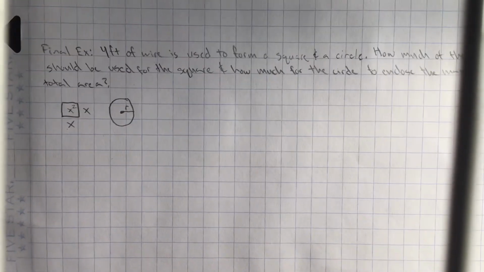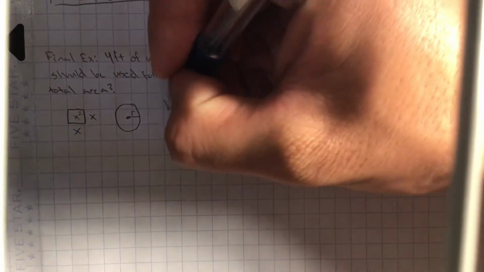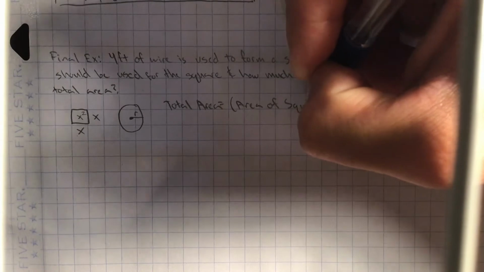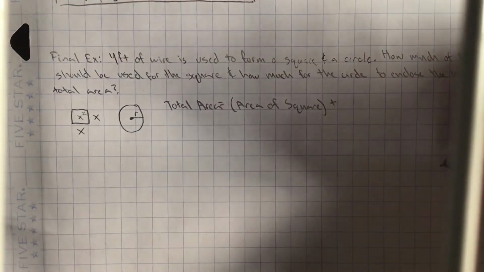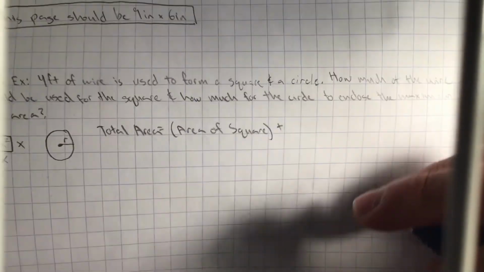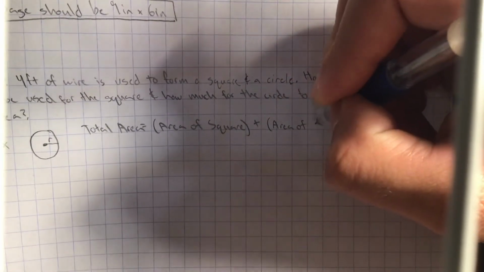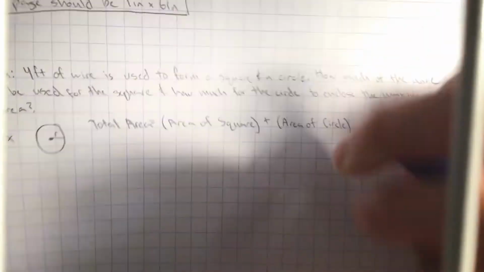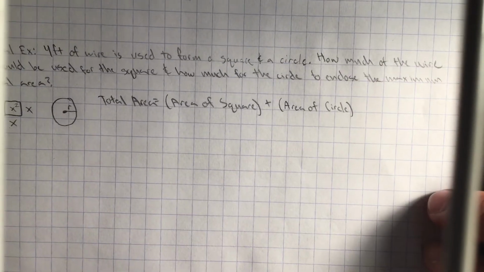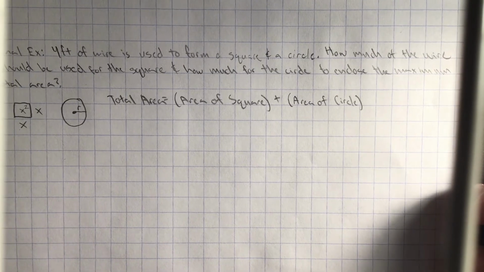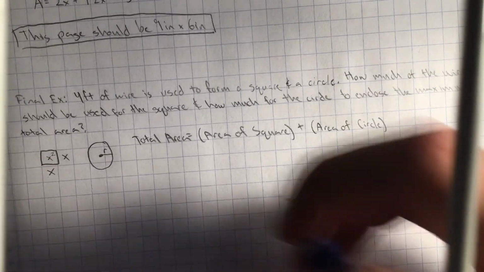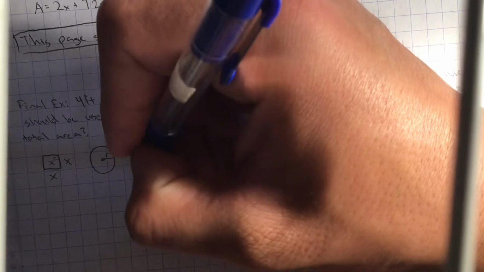And also it's worth noting that our total area is obviously going to have to equal the area of the square plus the area of the circle. So to keep that in mind, that'll actually directly influence our primary equation. Our primary equation is going to look like this.